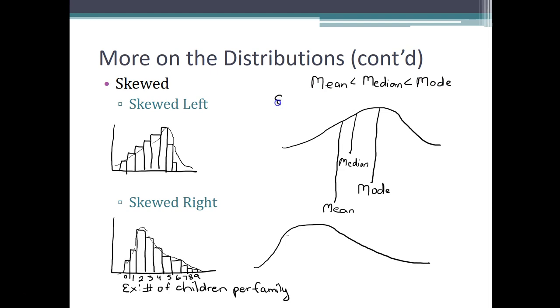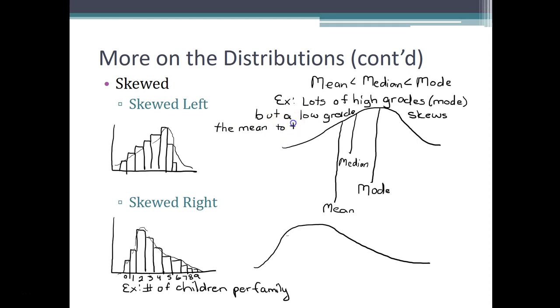So an example might be lots of high grades, but a low grade skews the mean to the left.